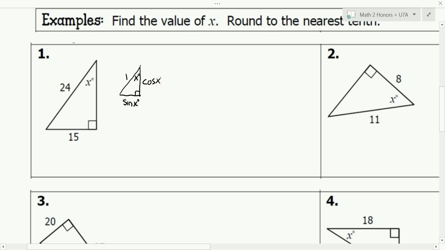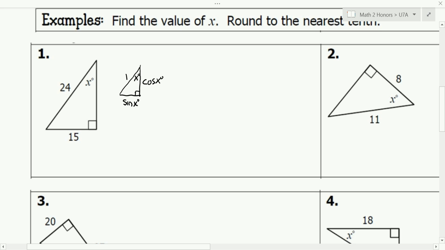Okay. And if you're having trouble knowing where to put the cosine, you could do the order I do. You find the hypotenuse first, and then you find the opposite side. That's your sine, and then the leftover side is cosine. Another way that people like to think about it is, when you're looking at an angle, here we're looking at angle x, that angle is made up of two of the sides of the triangle.